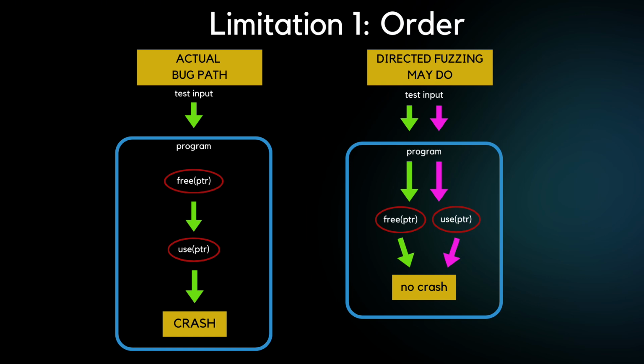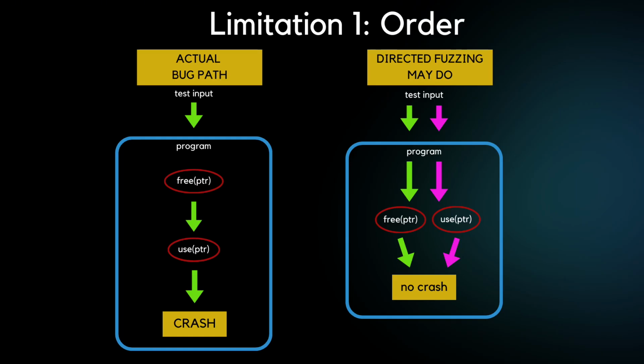For this bug to occur, the operations must happen in a specific order. First, you free the pointer, and then next, you try to use the pointer. If the program executes these operations in the opposite order, or otherwise executes them separately, the bug will not happen.